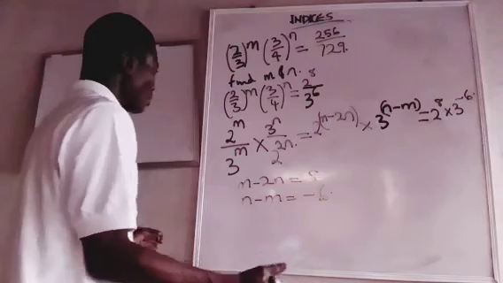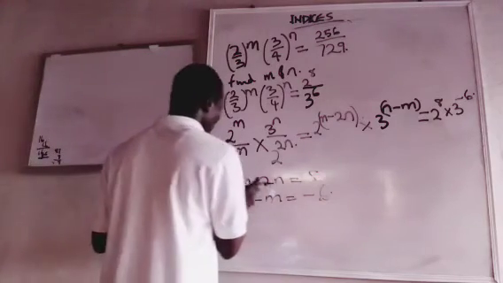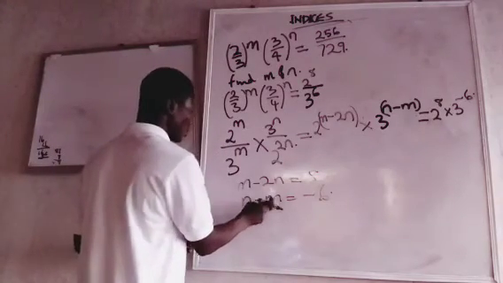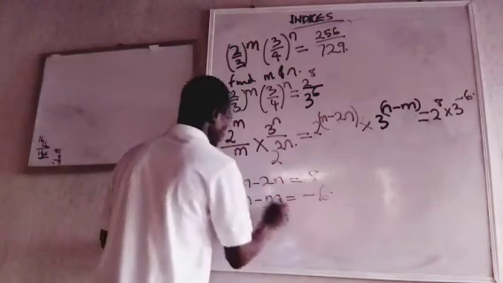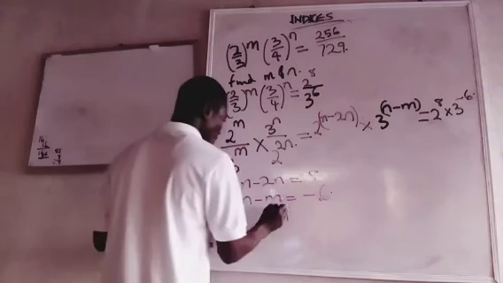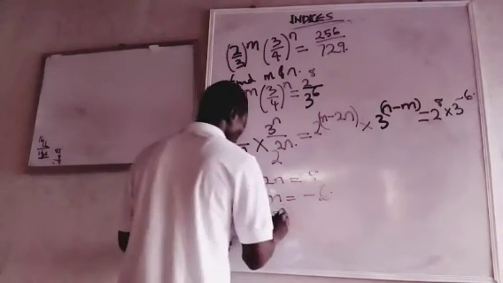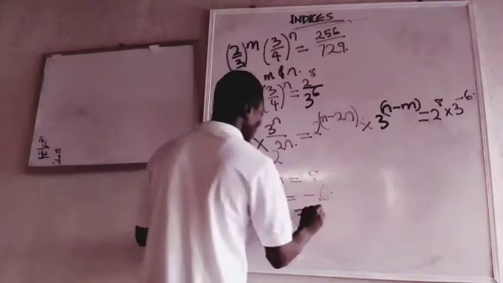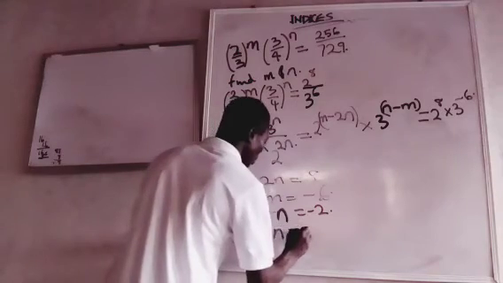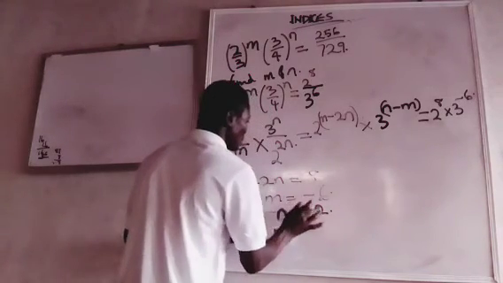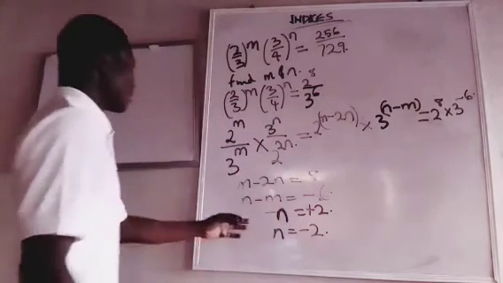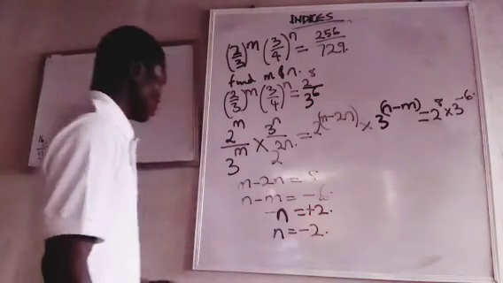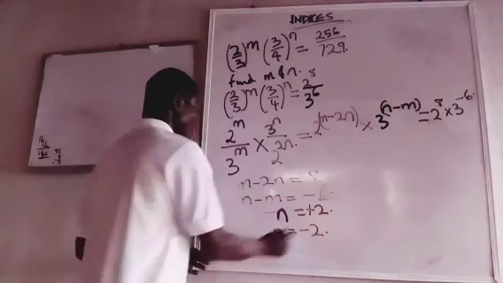So what do I do now? Adding this one and this one, n cancels. This one and this one give minus m. So if I add these two, it's going to give me minus m, and this one is going to be 2. So m equals minus 2. Since I can find m to be minus 2, what does that give me?